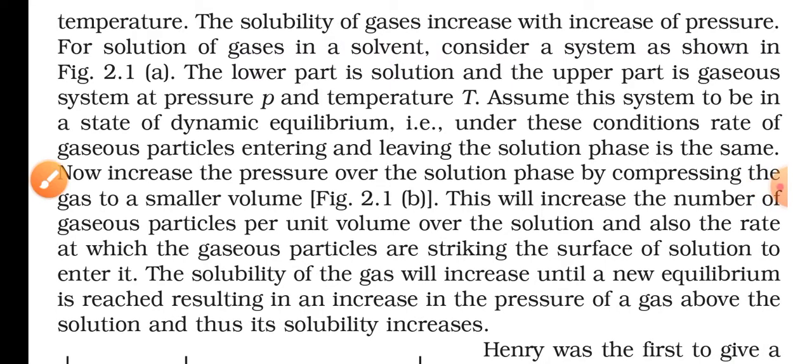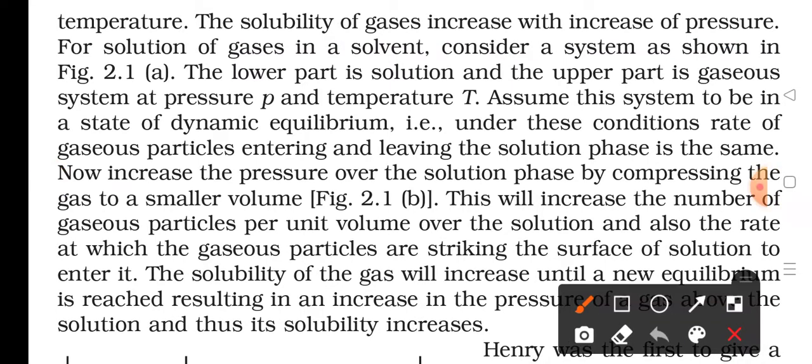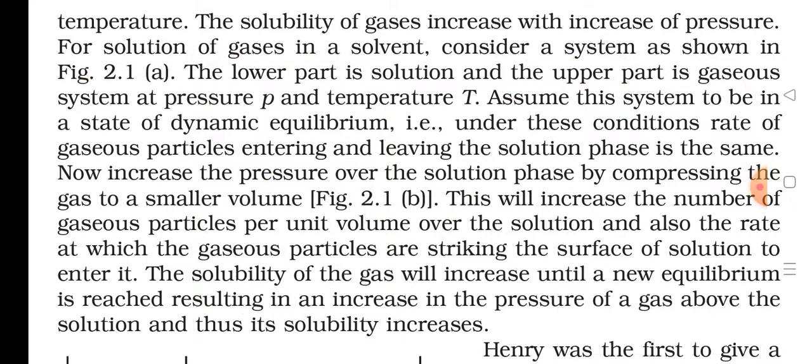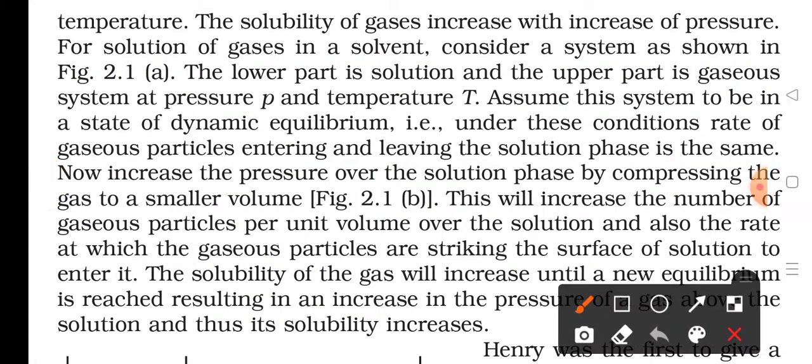Okay, then for solution of gases in solvent, consider a system as shown in figure 2.1. We already learned that in the lower part there is liquid and in the upper part there are gases. The system is at pressure P and temperature T. Then assume the system to be in a state of dynamic equilibrium.